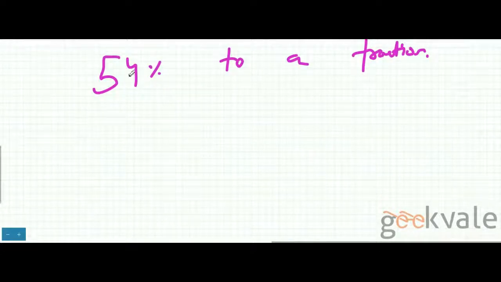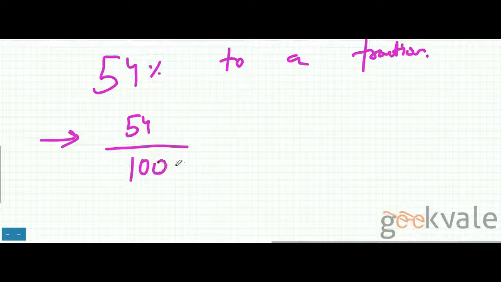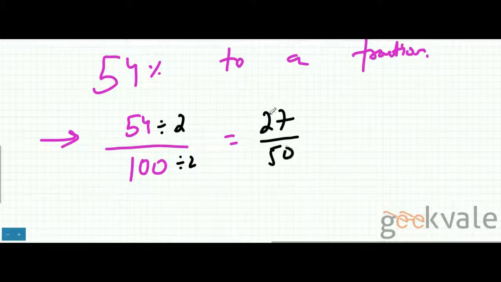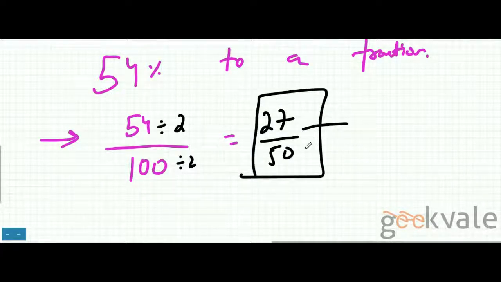So we will do what? The percentage divided by 100. Now, this is a fraction. All we need to do is simplify it. Pick a common factor and simplify it. Divide by 2, divide by 2, you get 27 over 50. Now 27 over 50, they don't share a common factor, so this cannot be further simplified. That means this is the fraction in the simplest form, or this is our answer.